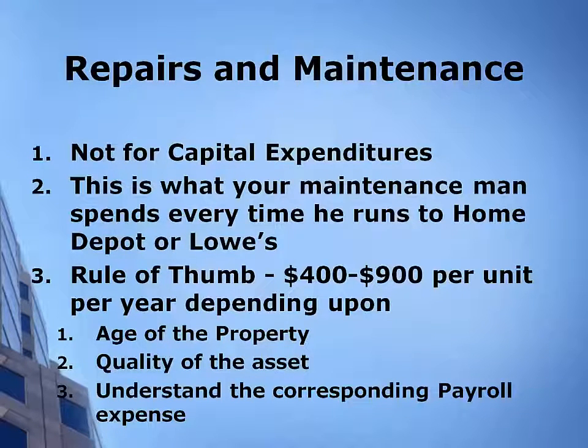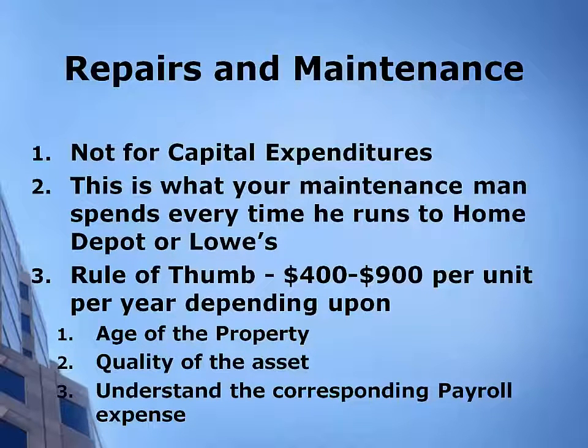All right, that's what you should expect for the repairs and maintenance rule of thumb. If you're looking at an older, tired Class C property that is, everything is breaking on it, you're looking at the $900 per unit per year fee. Okay? So that's the difference between the rules of thumb, the 400 to the 900. And it all has to do with the quality and the age of the asset.